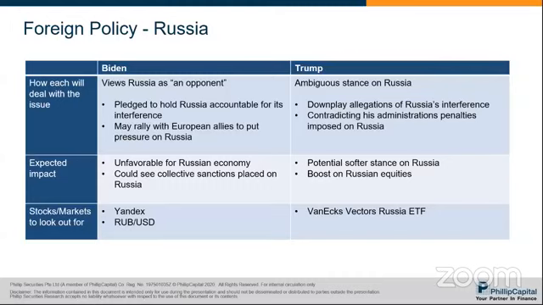So Biden has pledged to hold Russia, or President Putin, accountable for the interference in the 2016 US elections, as well as the alleged Russian bounties on US troops in Afghanistan. If Biden wins, it could be unfavorable for the Russian economy, and we might see collective sanctions with the European allies put onto Russia.